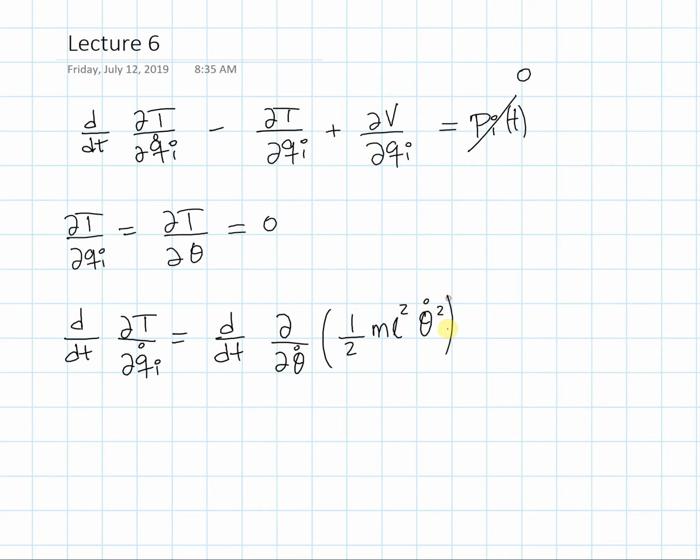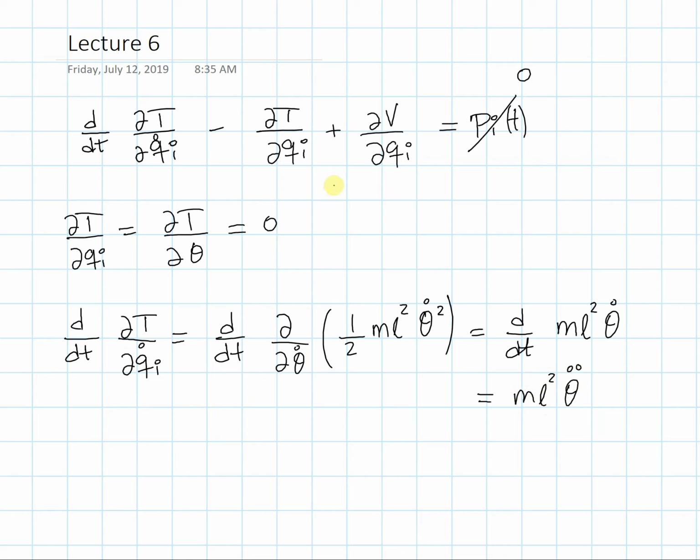This is what we had. When I take the derivative with regards to theta dot, what I'll end up with is d over dt, and I'll have m l squared theta dot. And if I take the derivative with regards to time now, I'll have m l squared theta double dot.